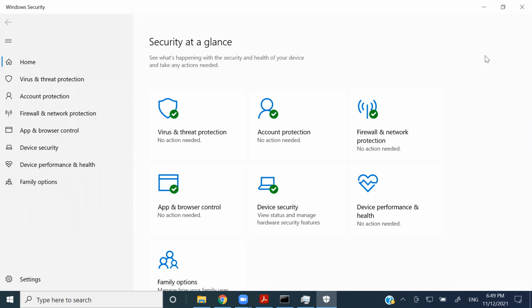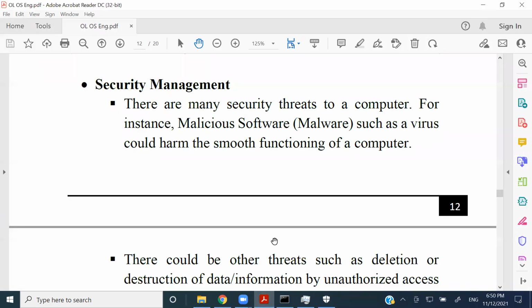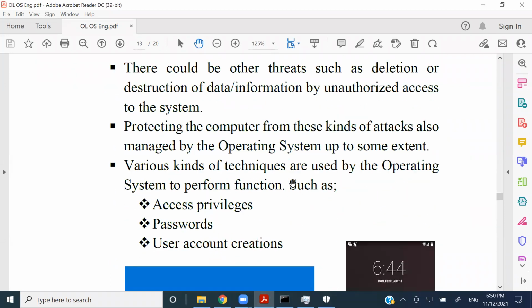So we don't need separate antivirus software to look for malware that is trying to attack our system. Windows Security will do the securing part on behalf of us, right? Those kinds of things can be given as security management by an operating system, right?